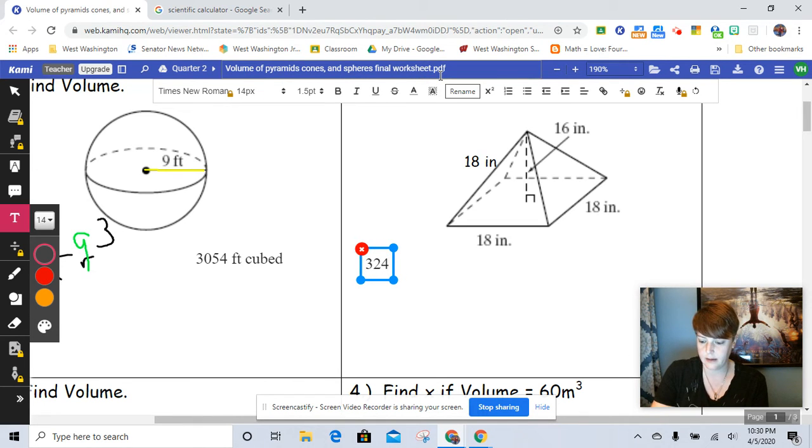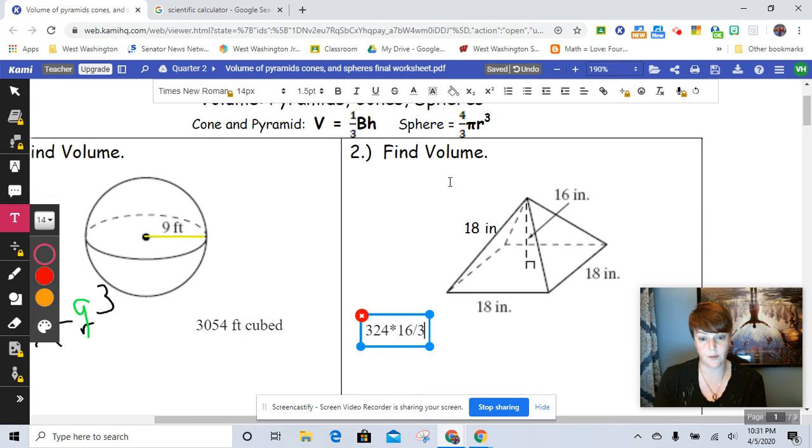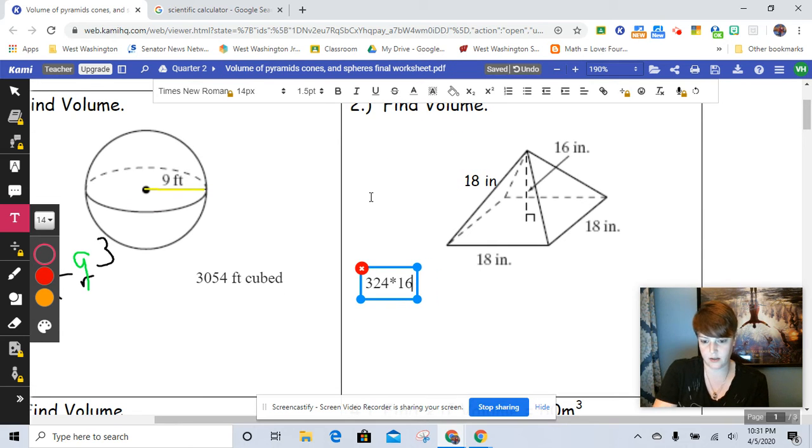So here it'd be 324 times the height, which is 16. And then I would divide all of that by 3, because that's what multiplying by 1/3 is. Now, if you wanted to do times 1/3, you can just go at the beginning, 1/3 times 324 times 16, and that's how you can type it into the calculator also.